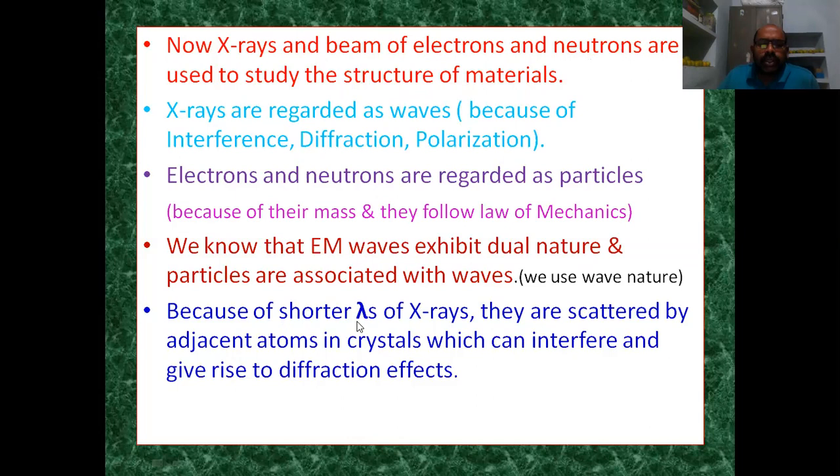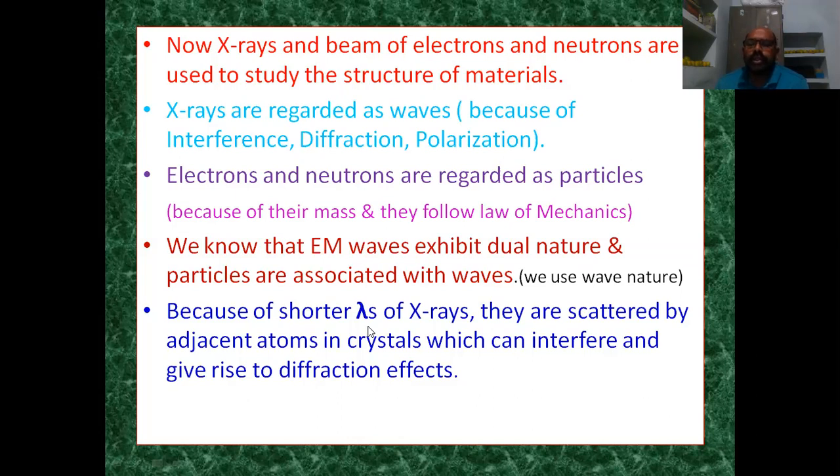Because of the shorter wavelengths of X-rays, they are scattered by adjacent atoms in crystals, which can interfere and give rise to diffraction effects. Okay, as the wavelength of X-rays is smaller, they can be scattered by adjacent atoms in the crystal or even in the unit cell.